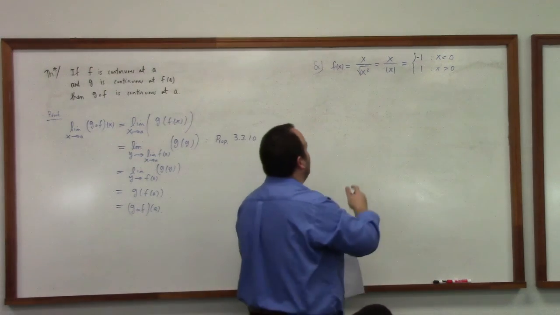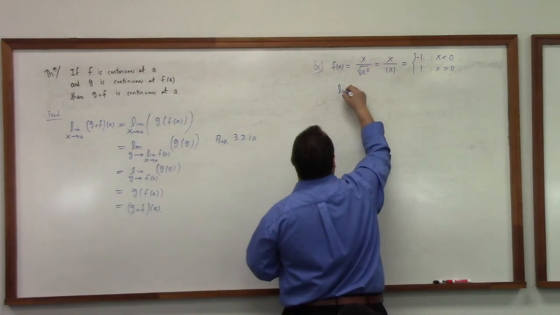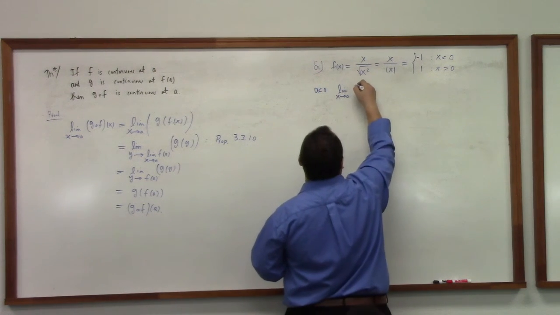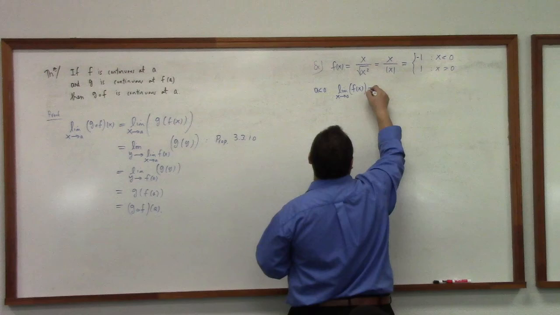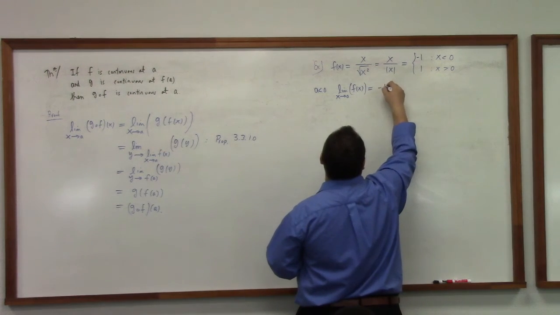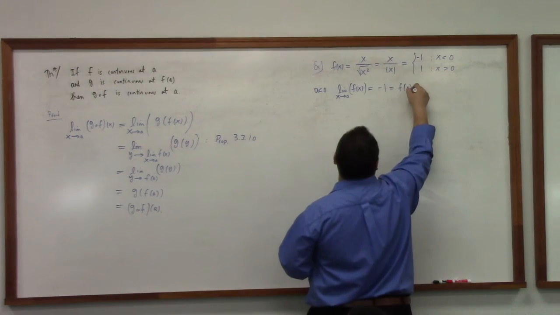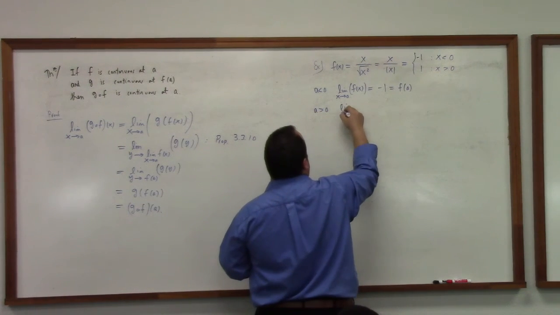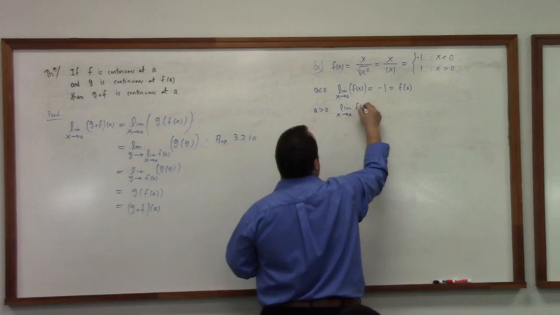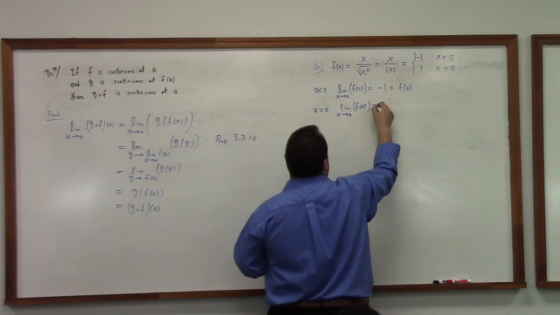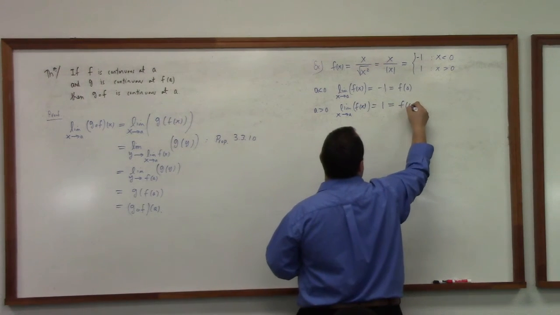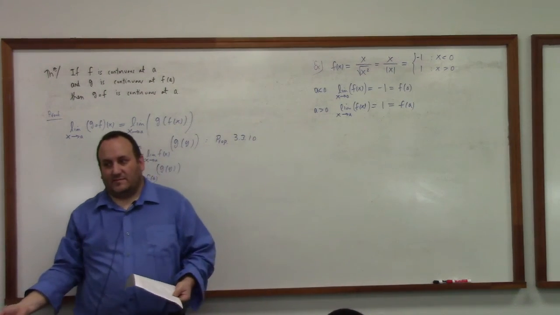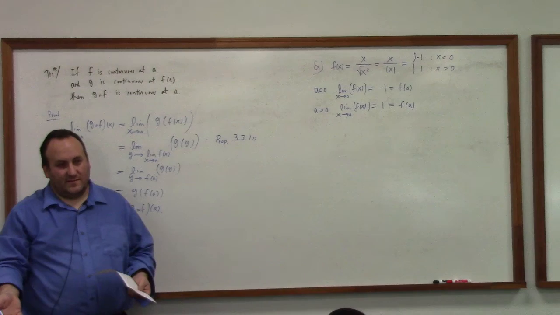So notice that we have limit as x goes to a of f of x equals minus 1, which is f of a, for a less than 0. And for a greater than 0, this works out to 1, which is also equal to f of a for a positive. That's everything in the domain. So this is a continuous function.